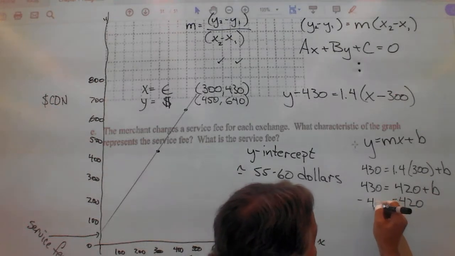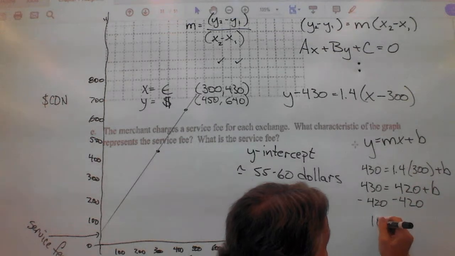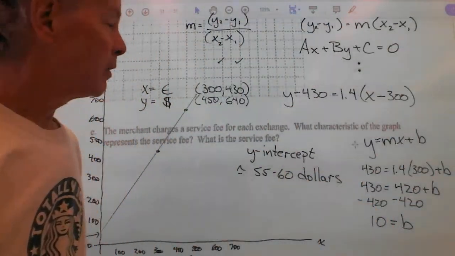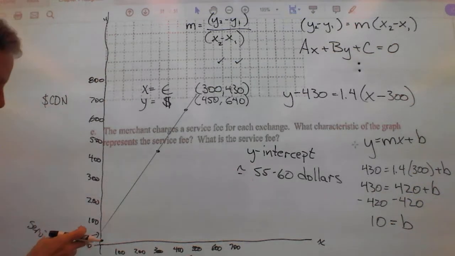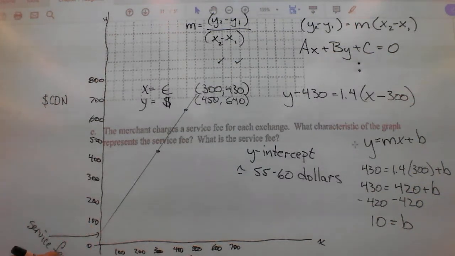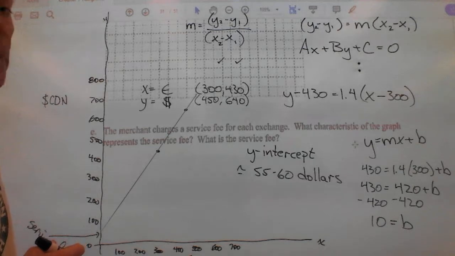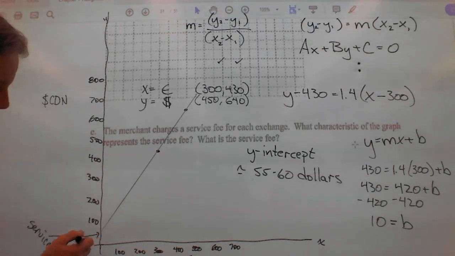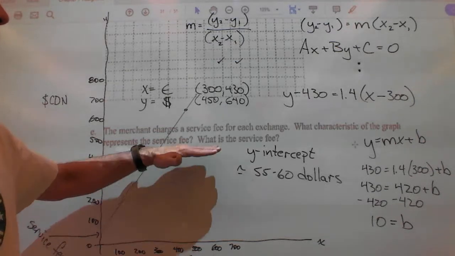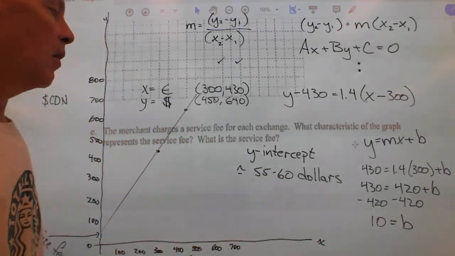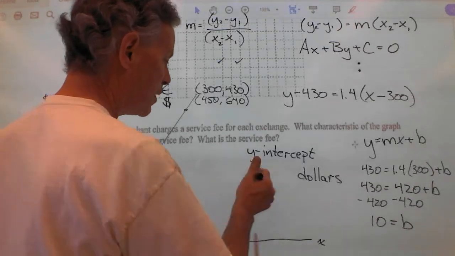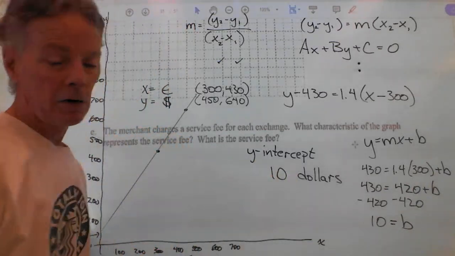So minus 420, that gives us a value of 10 for our y-intercept. As I said, I did a pretty poor job of graphing this. It should have crossed the y-axis further down at around 10. So the service fee is $10. So we'll erase this, pretend it never happened. $10.